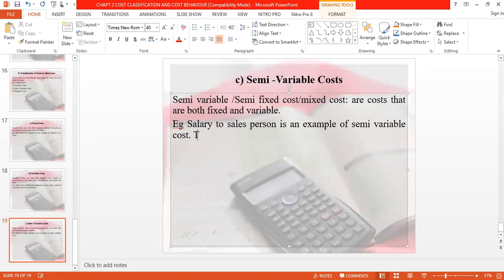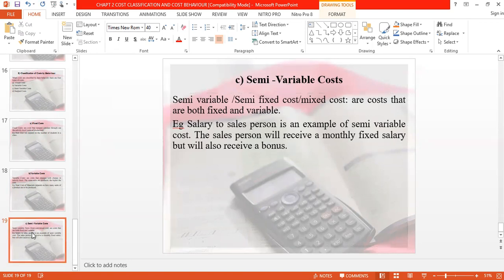That is, the salesperson will receive a monthly fixed salary, but will also receive a bonus. That is a semi-variable cost.